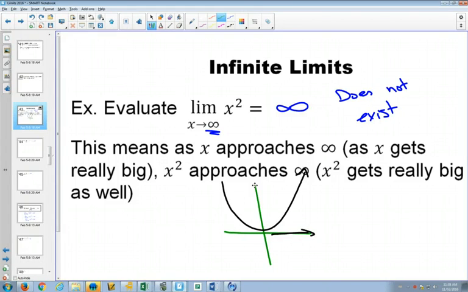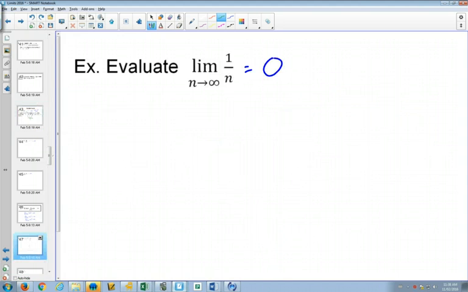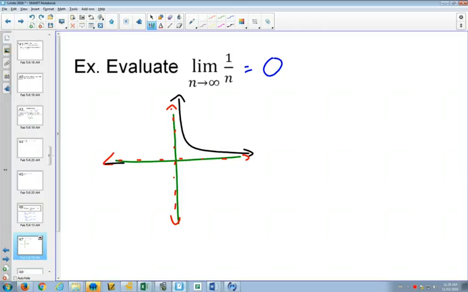But if we go to this one that we just did, where it was equal to 0, what does that graph look like? My 1 over n graph, or 1 over x graph, my reciprocal graph, looks like this. What happens as x gets bigger and bigger and bigger? You can see it's getting closer and closer to that asymptote, and it's getting closer and closer to 0.